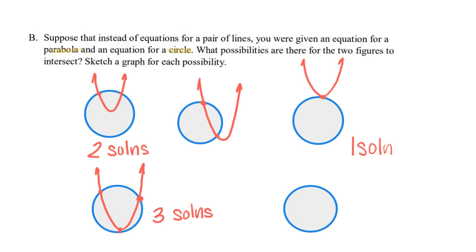Well, you know what? I can actually draw it like this. Maybe the parabola still opens up and it intersects it four times. All of these intersection points would count as solutions. You may have had some different ones, but those are the ones that pop out in my mind.